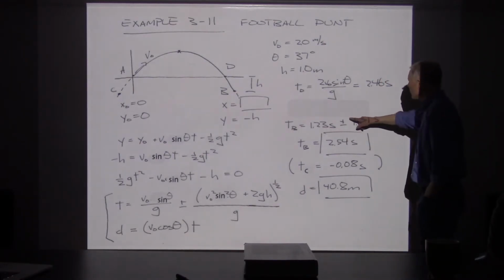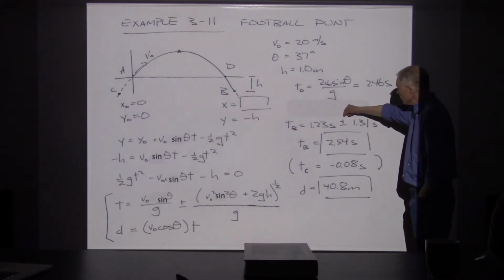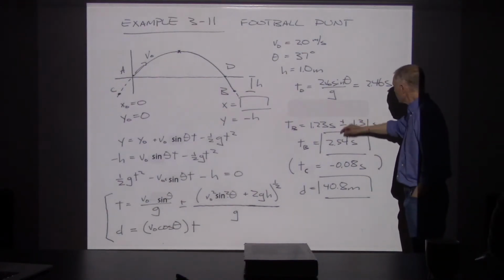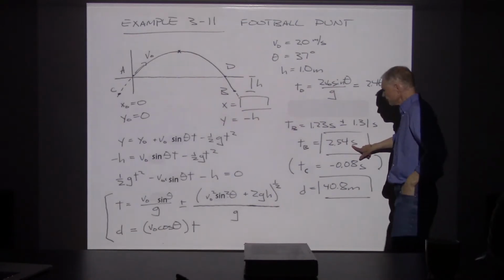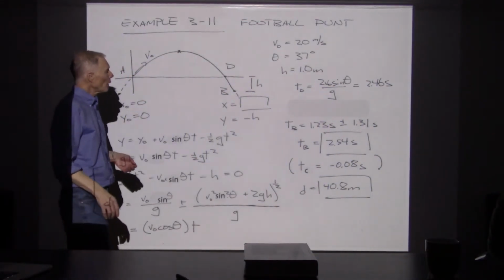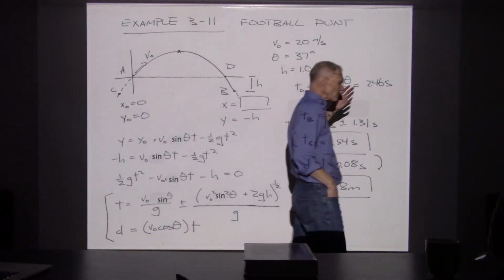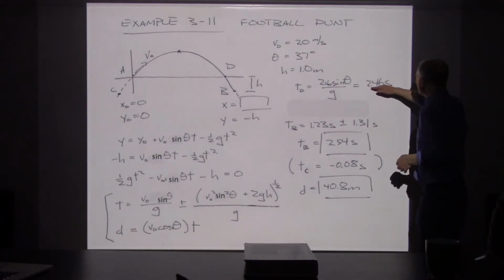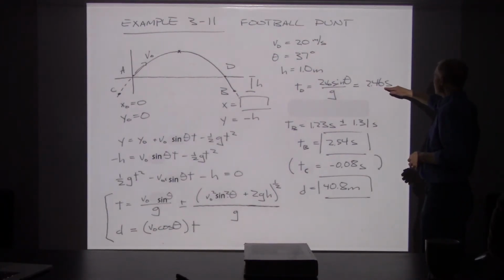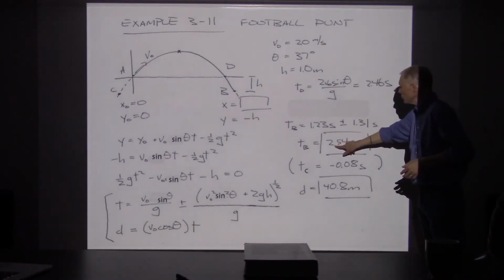But this time, it's plus or minus 1.3. Now, if I take the plus solution to this, that says to come all the way back down to the ground is going to require 2.54. So what did that extra meter do? Well, launching from an extra meter of height increased the time from 2.46 to 2.54.